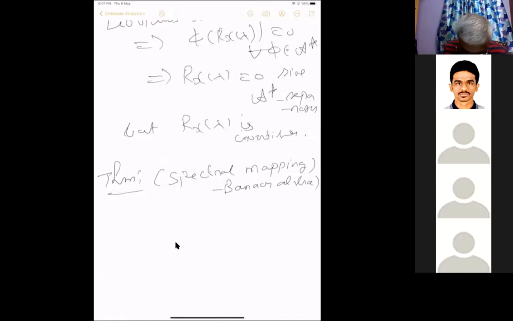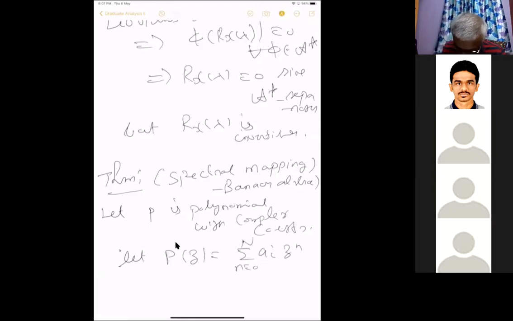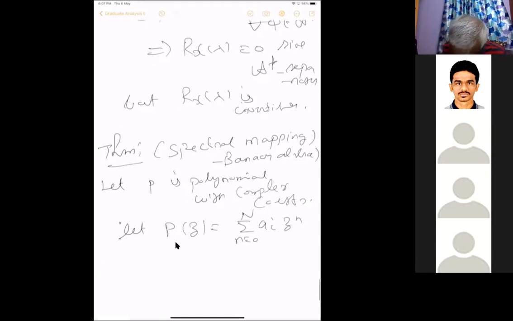So let p be a polynomial with complex coefficients. Suppose p(z) equals the summation of a_n z^n, n equal to 0 to some capital N. This is how the polynomial looks.